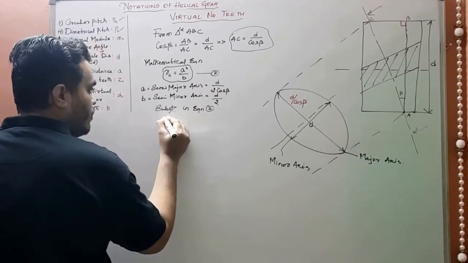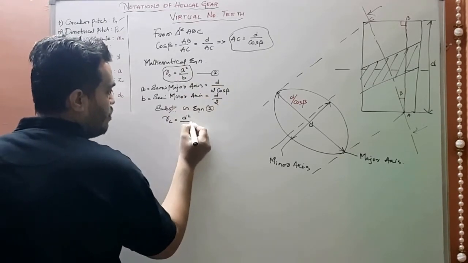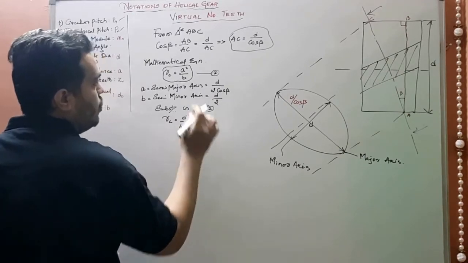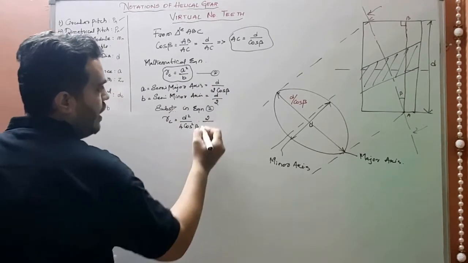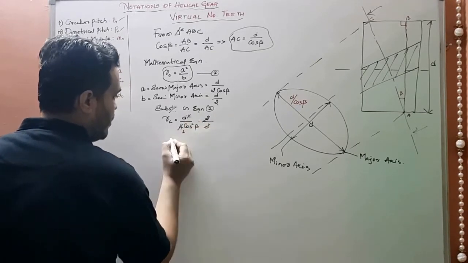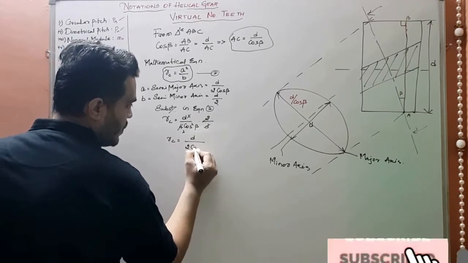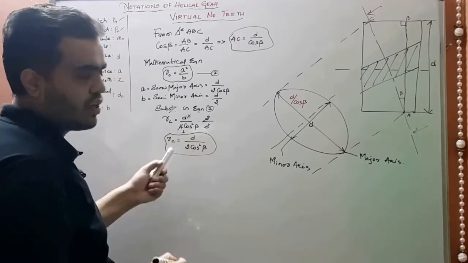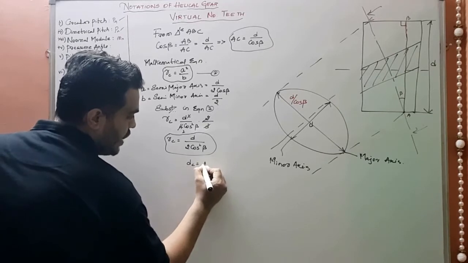So if we solve, we will get RC is equal to, what is A square here? D square by 4 cos square beta into, what is B here? D by 2. That 2 will go upward and D will come downwards. These two 2s and this D will cancel. We will get RC is equal to D by 2 cos square beta. So this is the radius of the circular pitch. So what is the diameter then? 2 times RC, right?